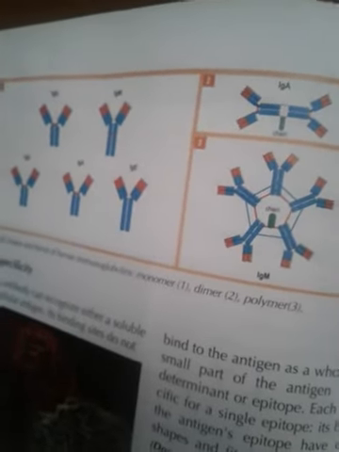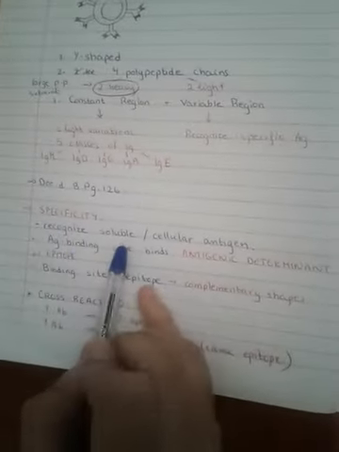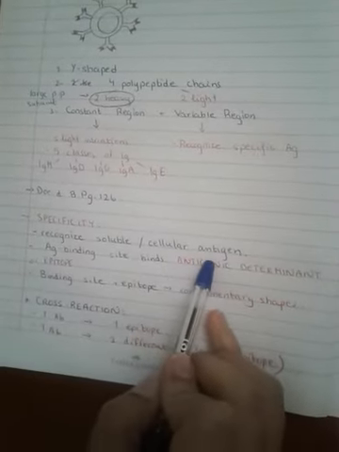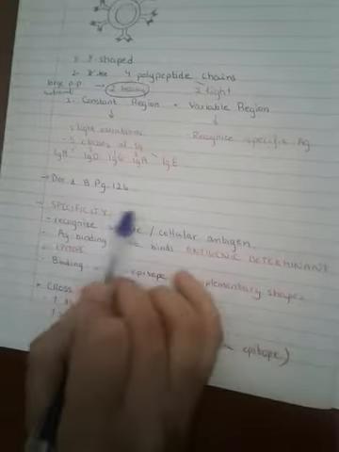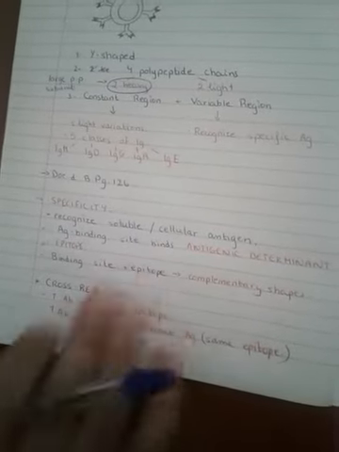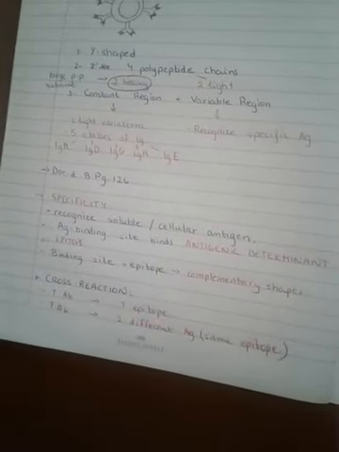Now we come to the important part, or how does the antibody recognize the antigen? So first of all, you need to know that there's a specificity to the antibodies. They recognize soluble or cellular antigens. So the ones present on the surfaces of pathogens are the ones that move around alone in the blood.